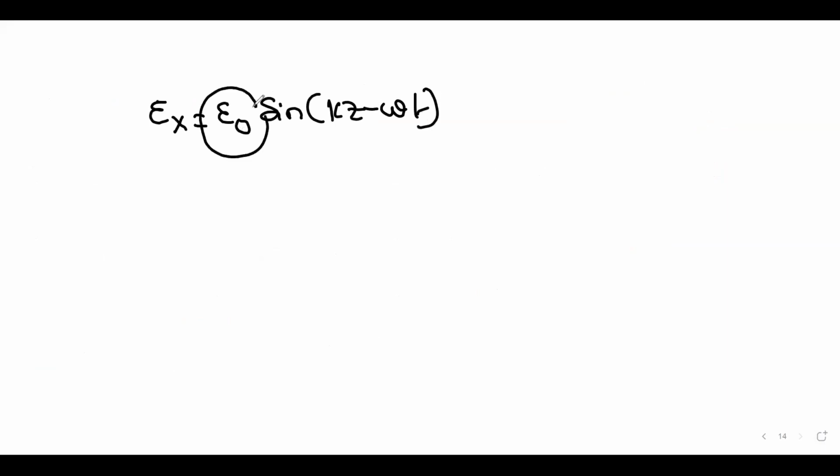Now we have the equation, that last equation: Ex is equal to E naught sin(kz minus omega t). What is E naught?